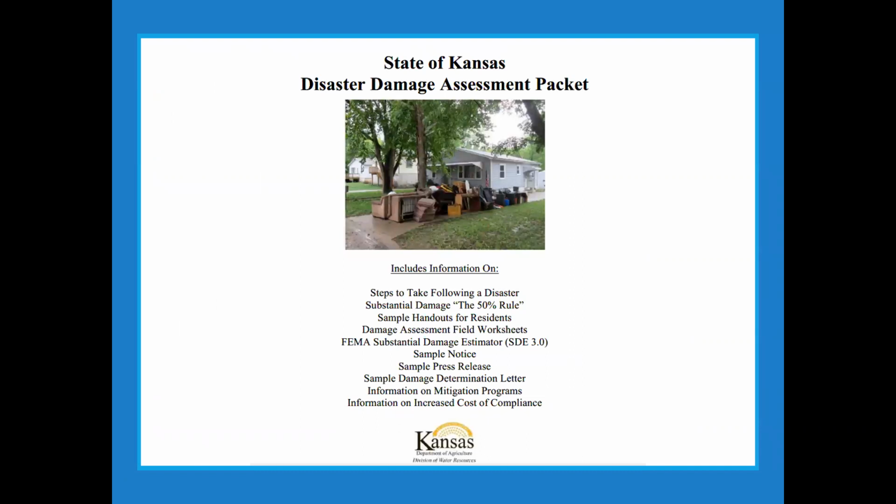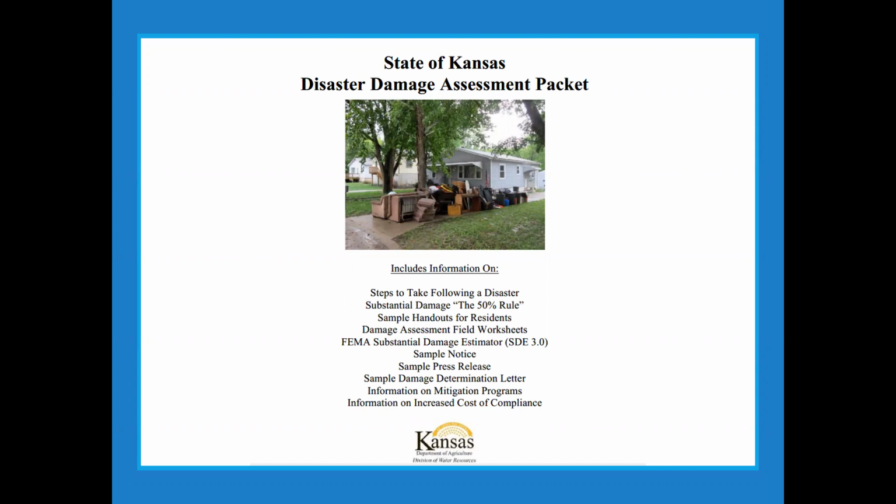We do have the post-disaster manual that explains the substantial damage rules, and it has sample handouts and outreach for residents. It has the field worksheets that they would be filling out as they do the assessments, a little bit of information on the SDE tool, and a sample press release.